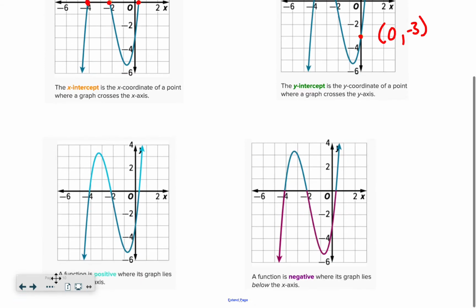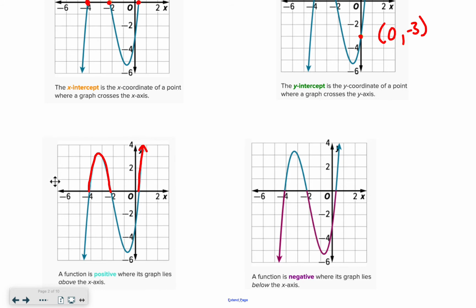All right, so that's x-intercept, y-intercept. Then the last big idea for today's lesson is how to determine where a function is positive and where it is negative. If you look at this function here, a function is positive where the graph lies above the x-axis. So for this graph, that's this curve right here, and then this line right here. All of that red is the positive part of the function.